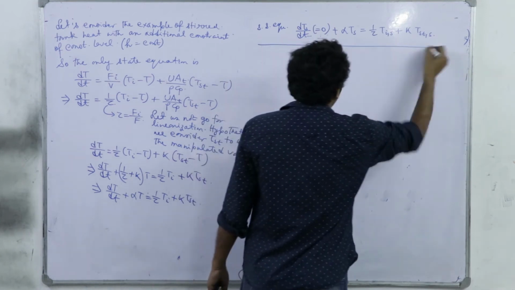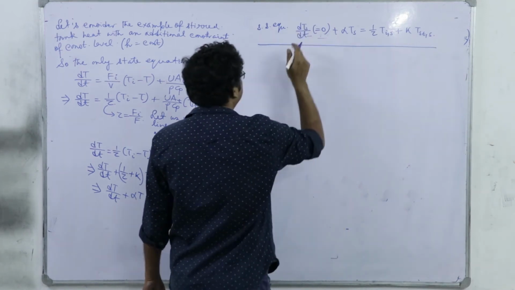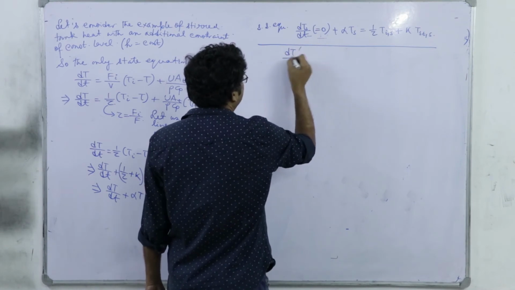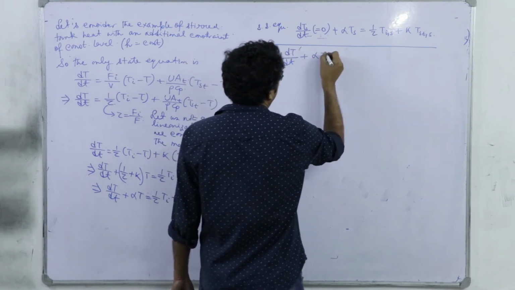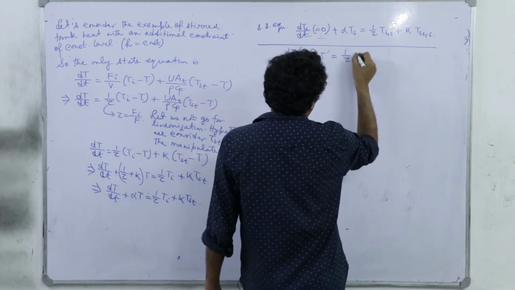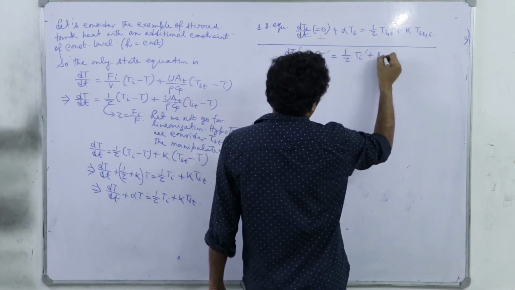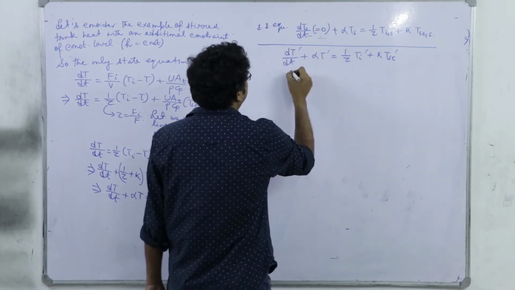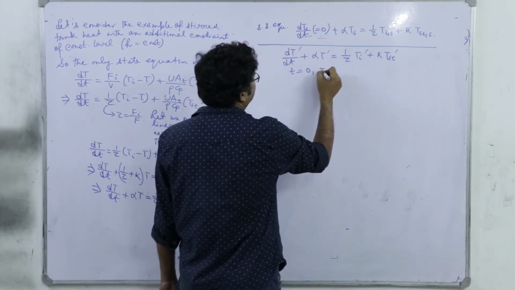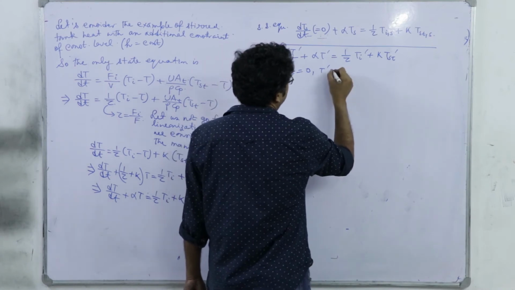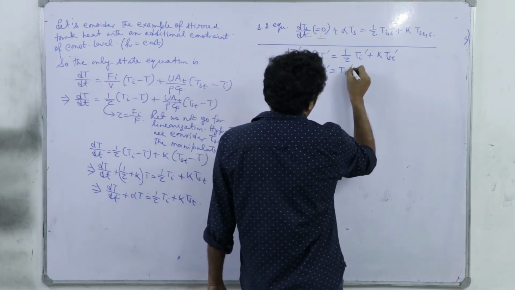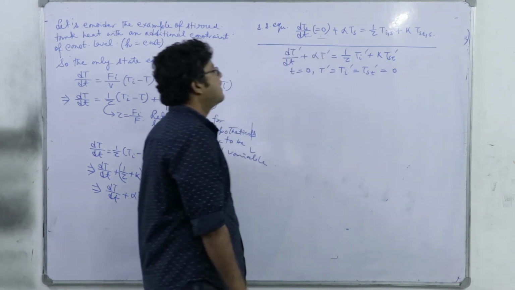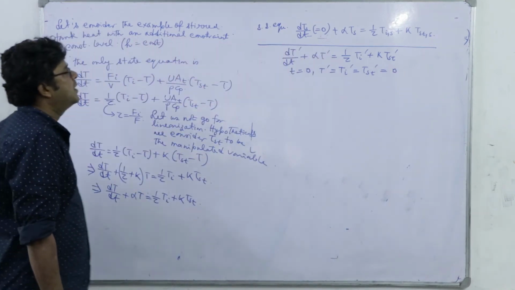If I subtract this equation from the previous one, I will get dT'/dt plus alpha T' equal to 1 by tau Ti' plus k Tst'. And at t equal to 0, the initial condition is also universal: Ti', Tst' and T' are all 0. So next we have to solve this equation.